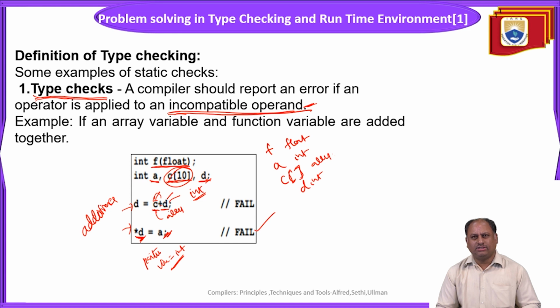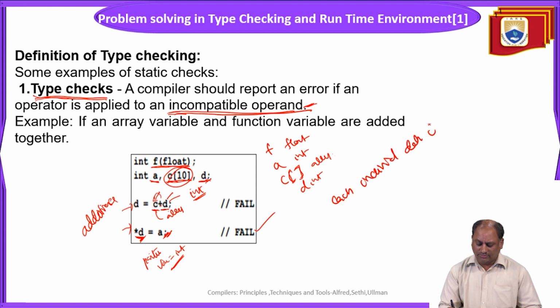Like this, this one is checking each individual data item. That is called type checking. Each individual data item is checked thoroughly for the correct type, with the corresponding data type only.